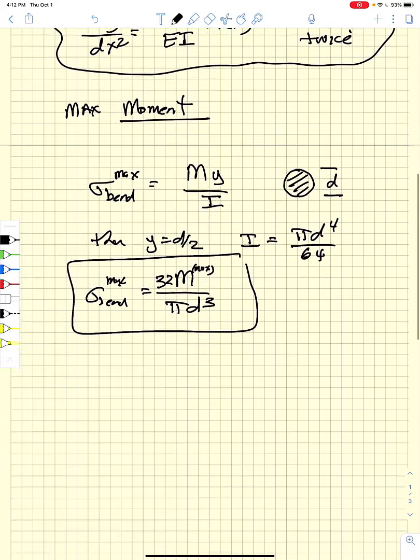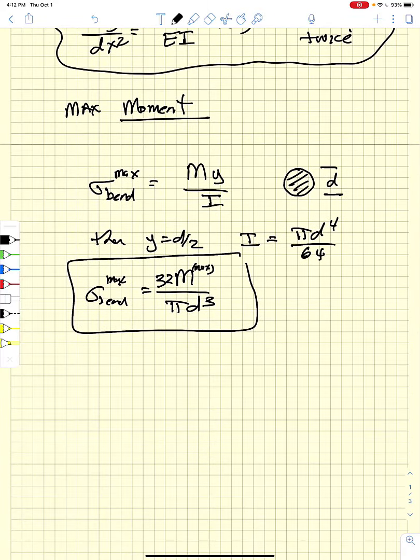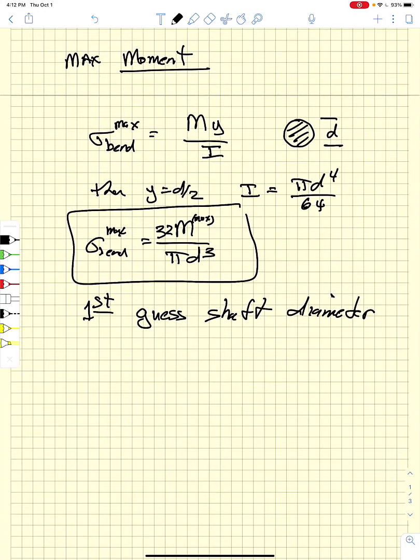Now, this allows me to compute a first guess shaft diameter because I can take this maximum stress and relate it to my yield strength. If I am given a design factor of safety, well, what is the design factor of safety? It's just the yield strength over the allowable stress.